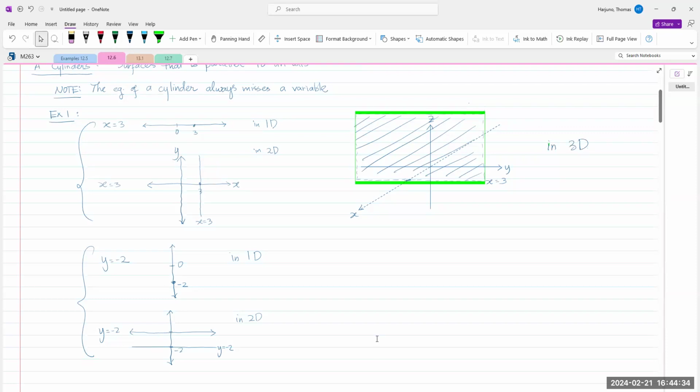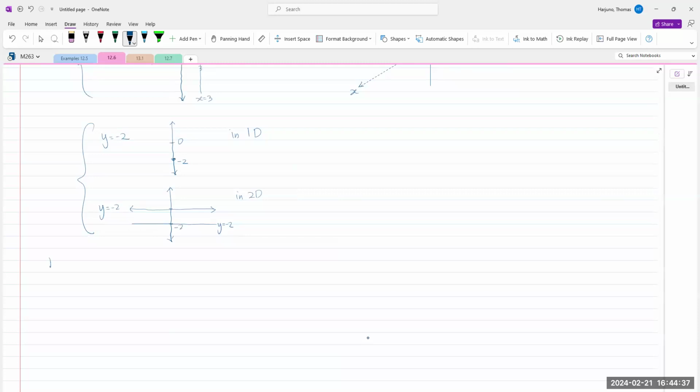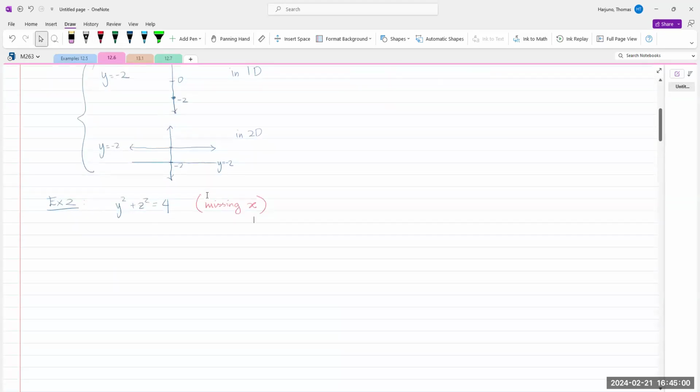Now, let's do more examples. Suppose, for example, I have y squared plus z squared equals 4. Notice that this is missing x. So the way we sketch the graph or imagine this is, let's start with the yz plane.